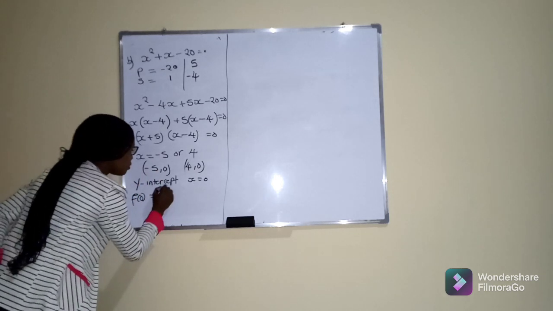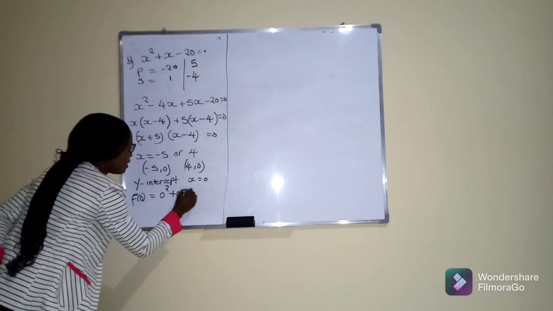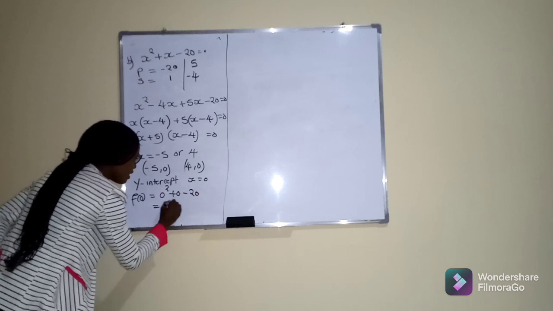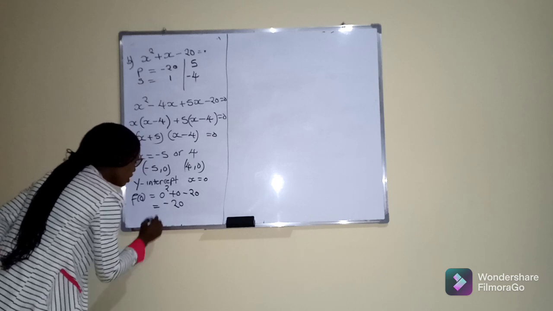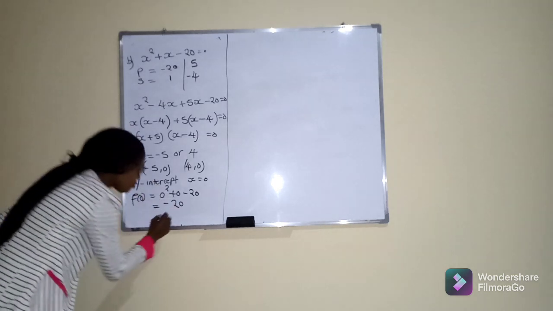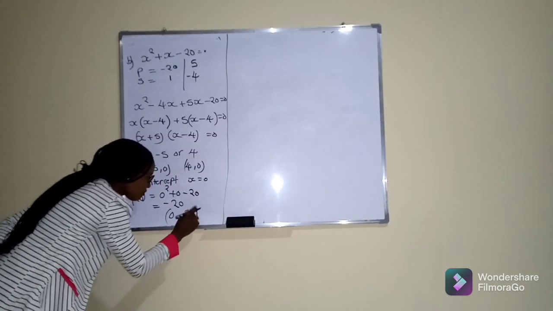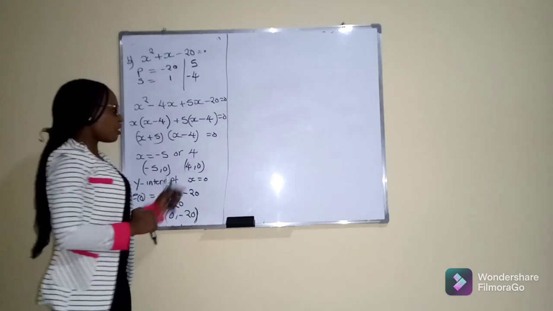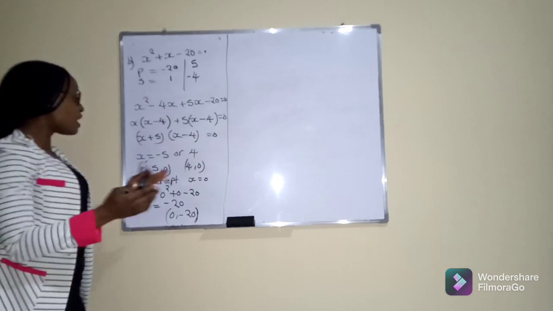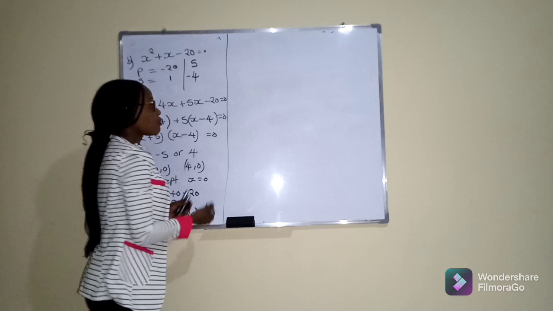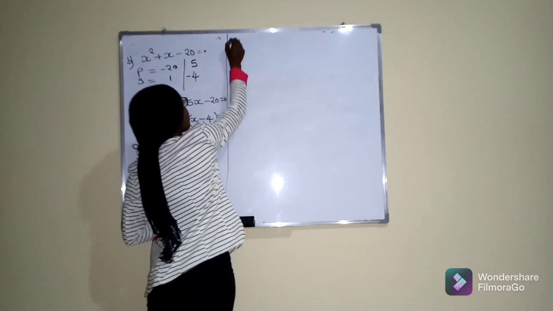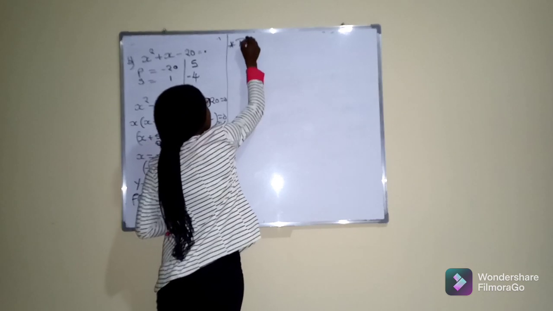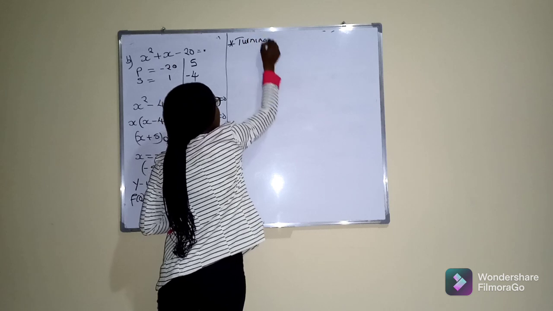We will have 0 to the power 2 plus 0 minus 20, giving us -20. So the coordinates for this, we are going to have 0, -20 as our y-intercept. Okay, we are good to go. Now that we found the y-intercept, what is remaining is for us to find the turning point.